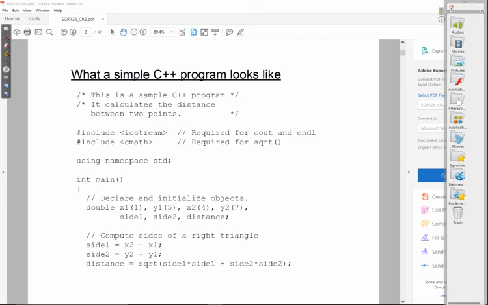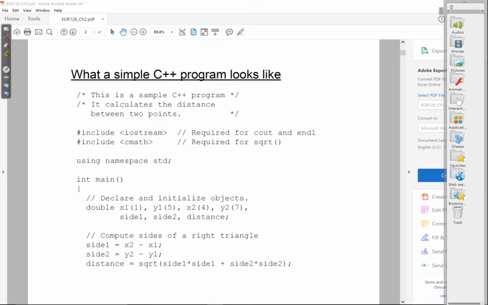So what is the difference between putting in 2 slashes and using the slash asterisk and the asterisk slash? There's a very subtle difference, but it's an important one. When you put 2 slashes, that tells your computer, ignore everything on the rest of this line. Everybody see what that means?